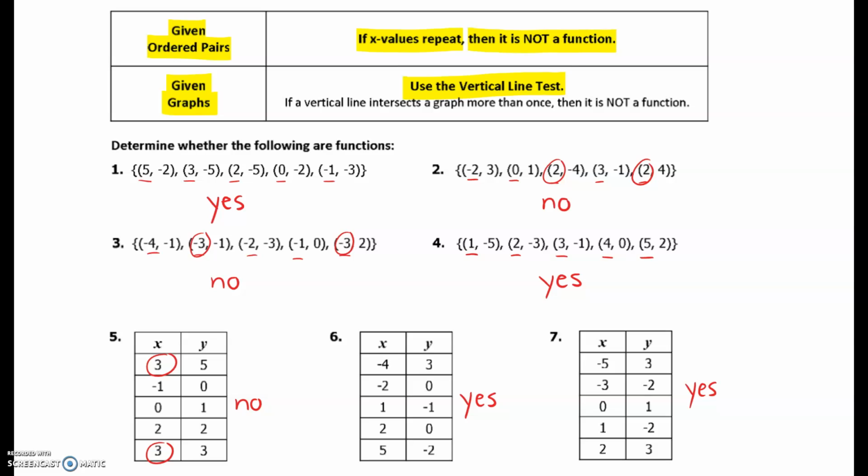And what this means is if a vertical line intersects a graph more than once, then it is not a function. Now, hopefully you guys are aware that a vertical line goes up and down. So essentially, we are going to be drawing an imaginary vertical line through the graph that is given.